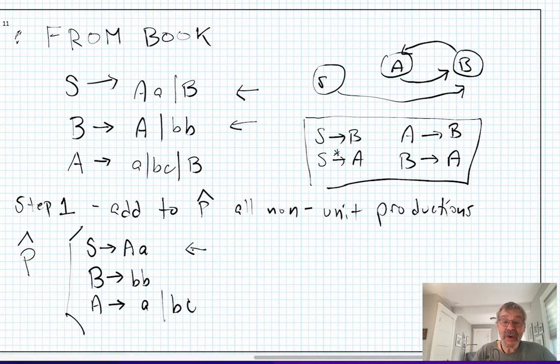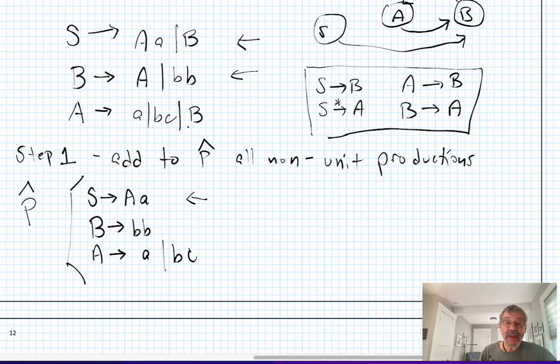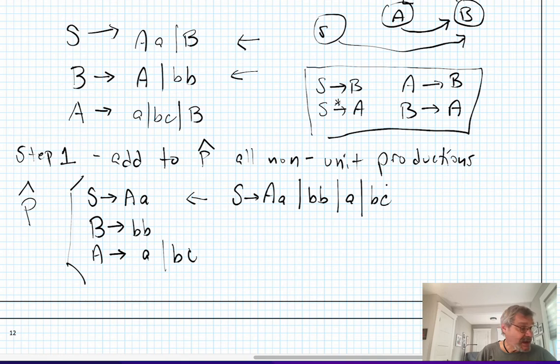So I come over here, and originally S is given by AA, but now I have that S can also derive B. So I can put this here. I've also got that S can derive A, so that's going to give me an A or a BC. And those would be all the productions I would have for S.